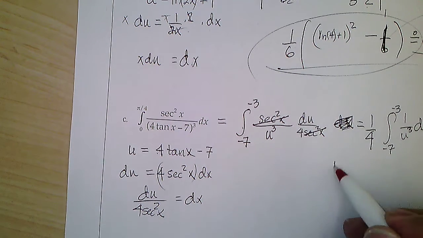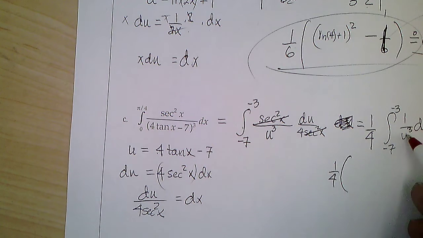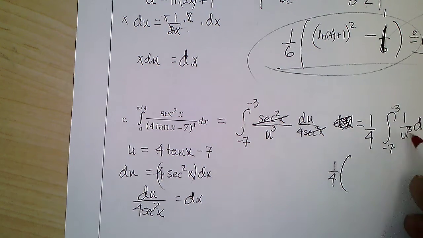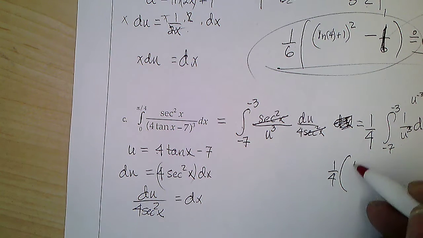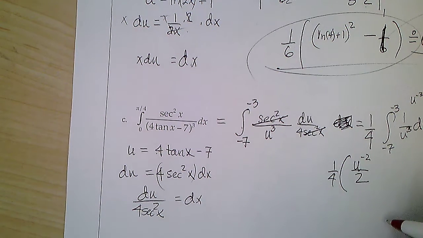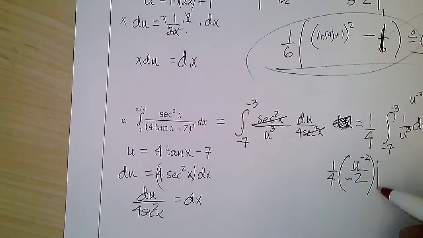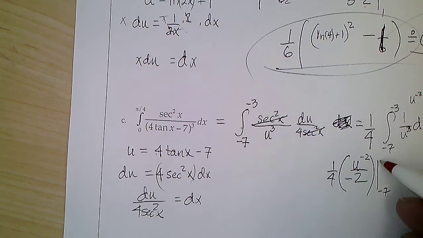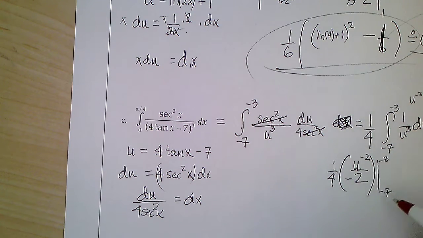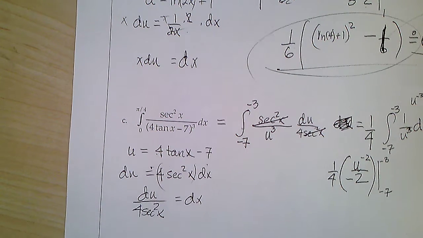which becomes 1/4 integral of u to the minus 3. Add 1, it's u to the minus 2 over minus 2, evaluated from minus 7 to minus 3, or I could change back to my x's by putting this in for u.